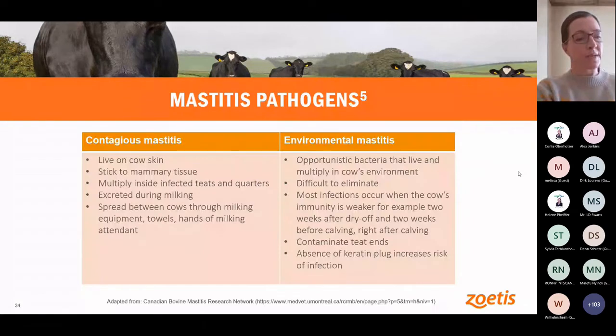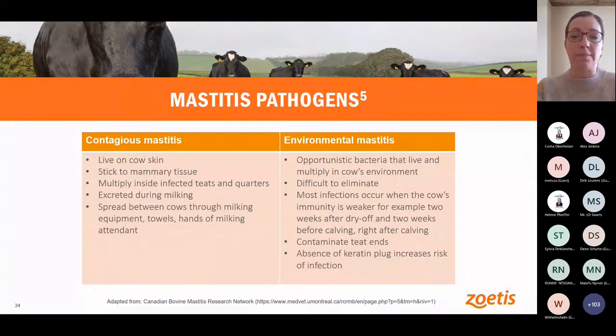Right, so contagious mastitis. This is just a summary of what I've just said. Your contagious mastitis, often on the cow skin, it sticks to that mammary tissue, multiplies inside those teats and quarters, is excreted during milking, and then spread from animal to animal. Whereas your environmental mastitis, these are usually opportunists that live in the cow's environment.